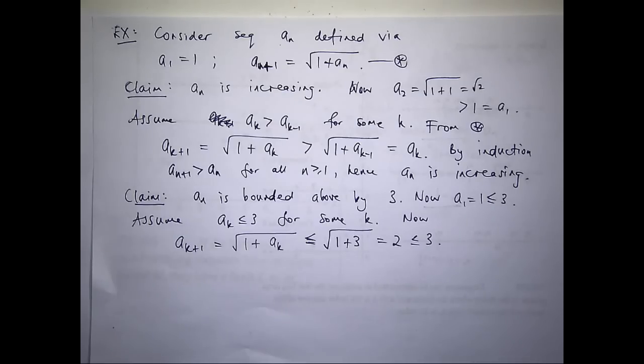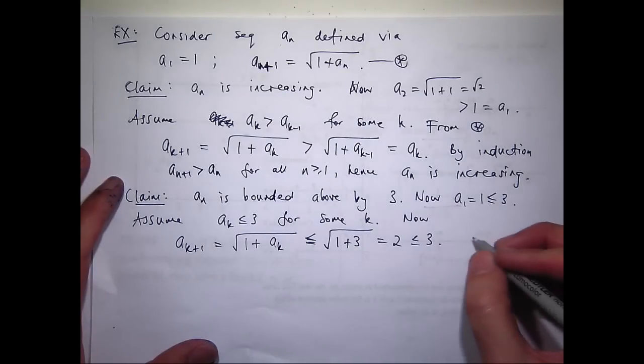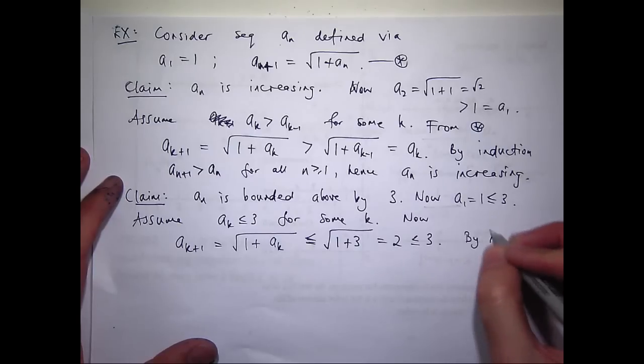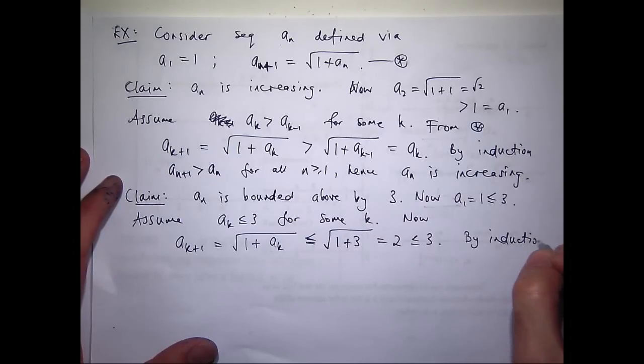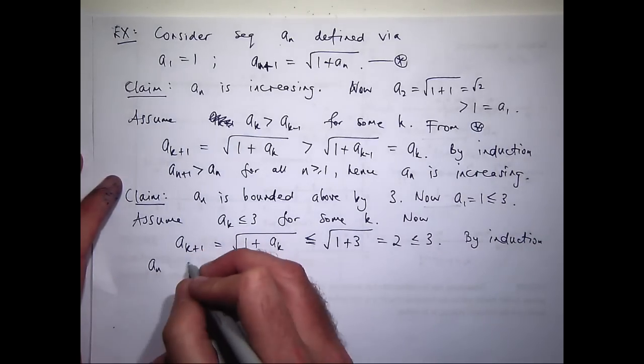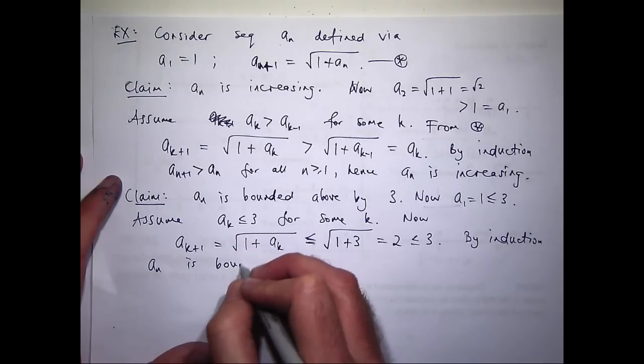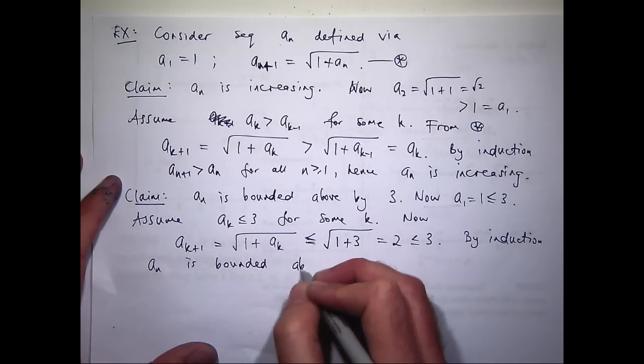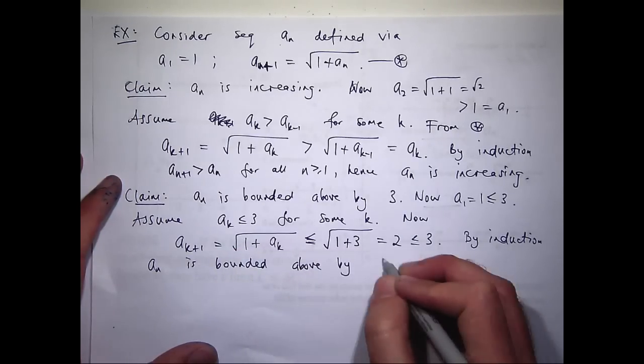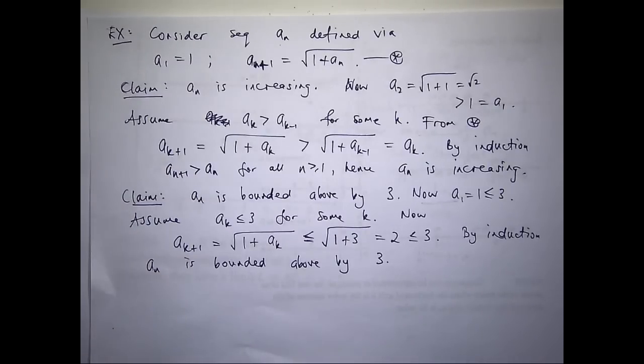So what does it mean? Well, it means by induction, A sub n is bounded above by 3. So, okay, our two conditions of our monotone convergence theorem are now satisfied. We definitely know the sequence, recursively defined by star, is increasing, and it's definitely bounded above by positive 3. So, what does it mean?